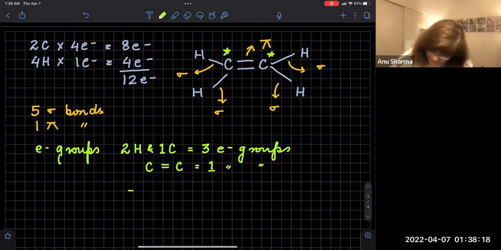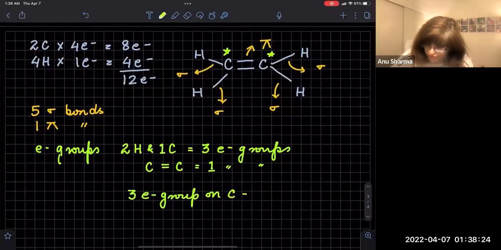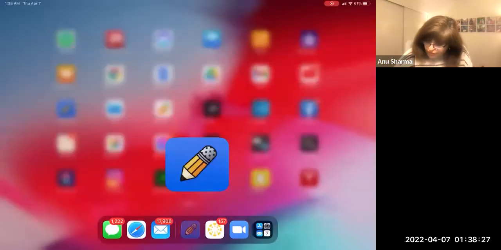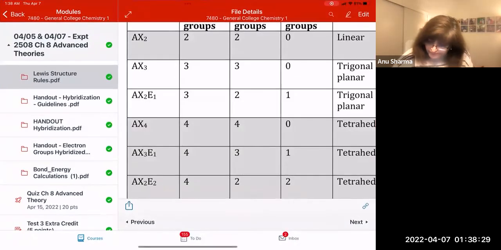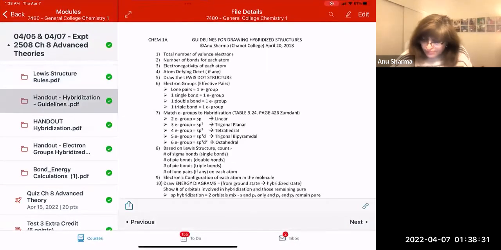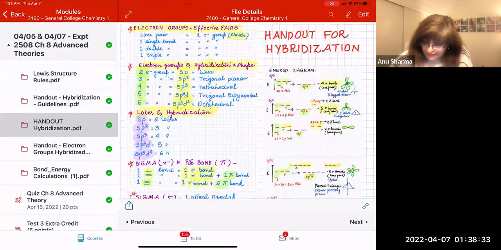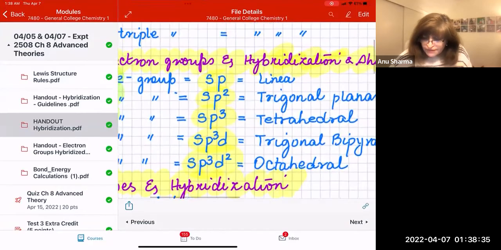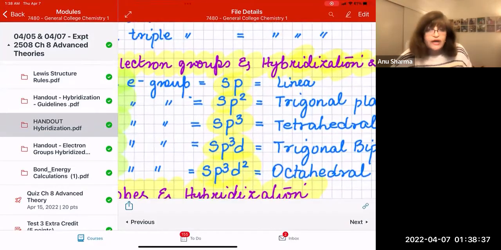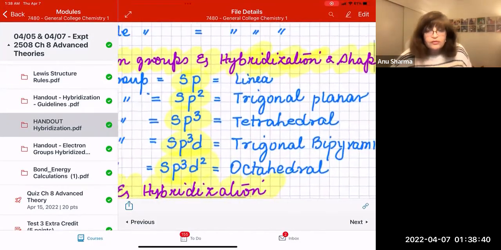Those 3 electron groups on carbon relate to what kind of hybridization? If there are 3 electron groups, it is sp2 hybridization, and that is trigonal planar.